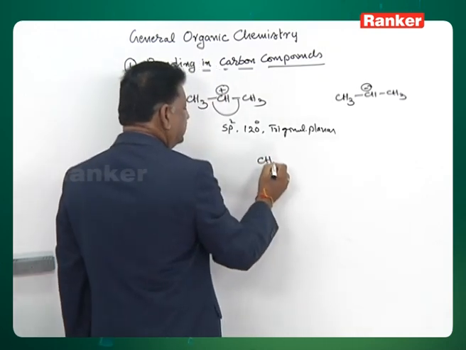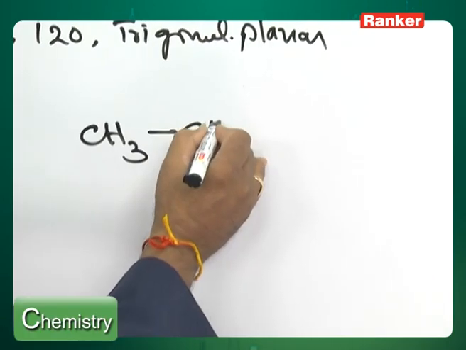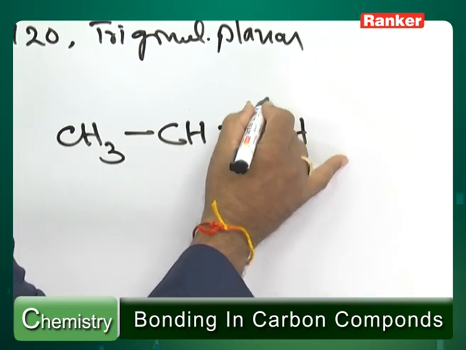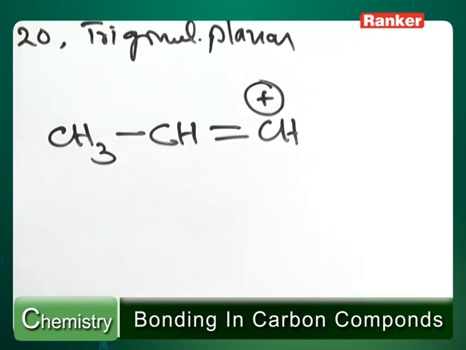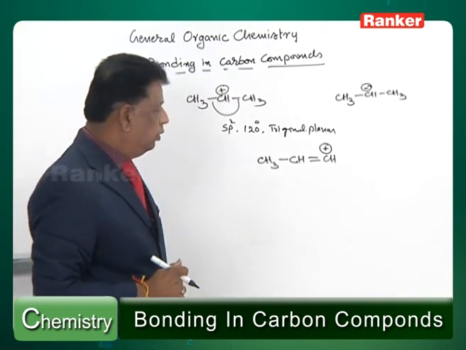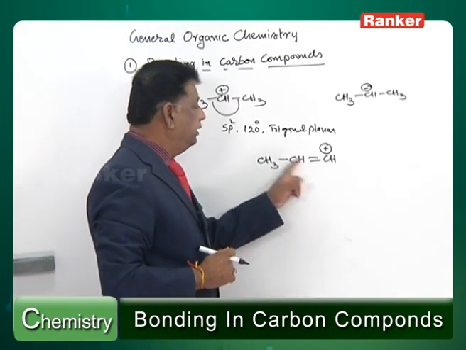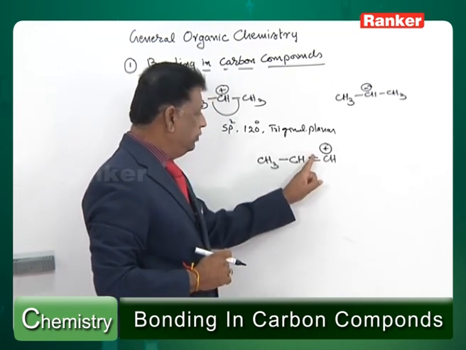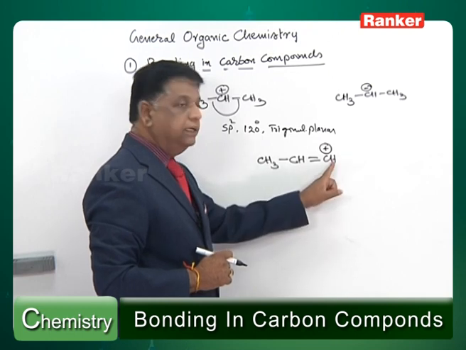Cases like CH3 CH double bond CH with a plus charge on the carbon. Now, this is a carbocation, no doubt, but how many sigma bonds is this carbocation making? Out of the double bond, 1 sigma bond, and this is 1.